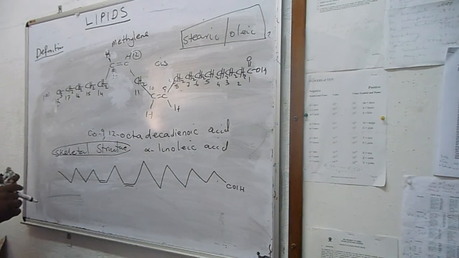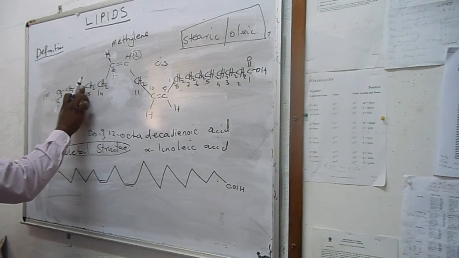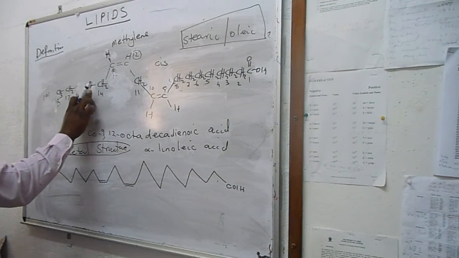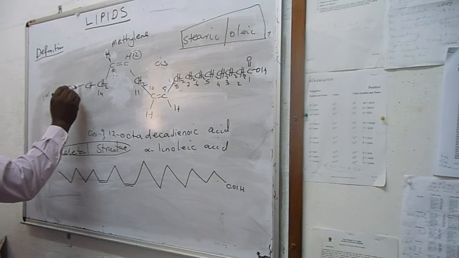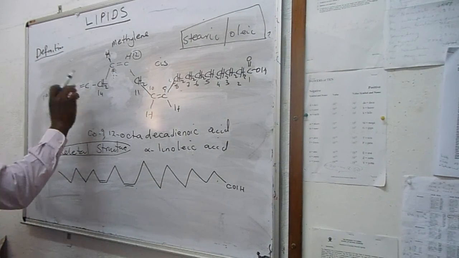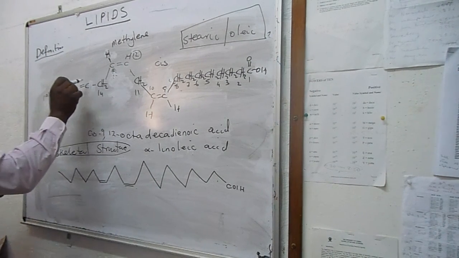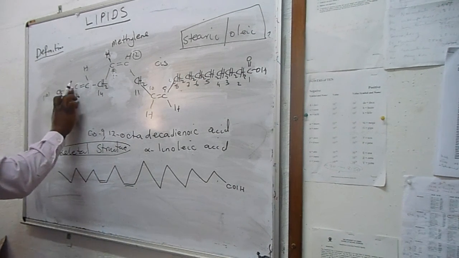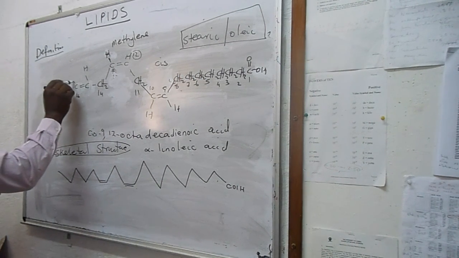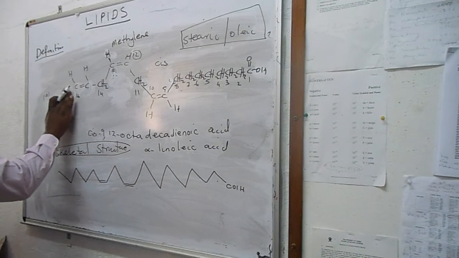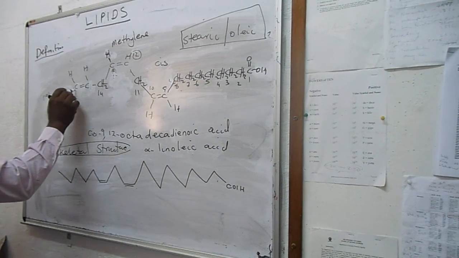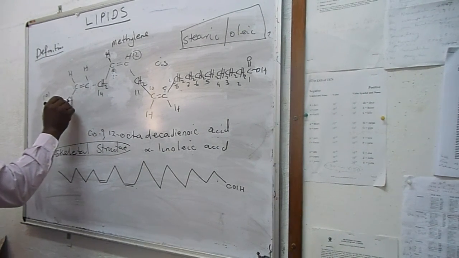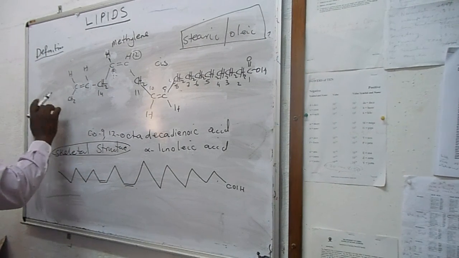We can say we have a double bond here. We have the hydrogen there. Remember it has to be in the cis. We have the hydrogen there. This is 15, 16, 17, and 18.